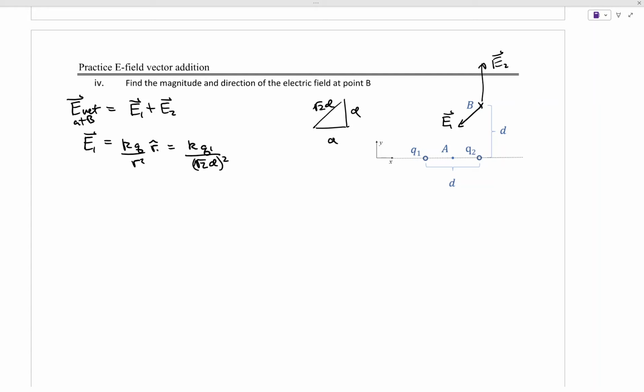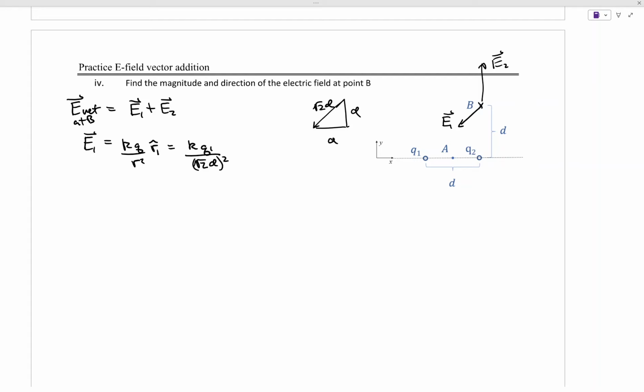Let me call this specifically R1 hat. R1 hat is the unit vector that points in the direction of R1. So for us, R1 would be the vector that points from B to Q1. We're incorporating the sign information of that negative charge, recognizing that that vector would point towards it.